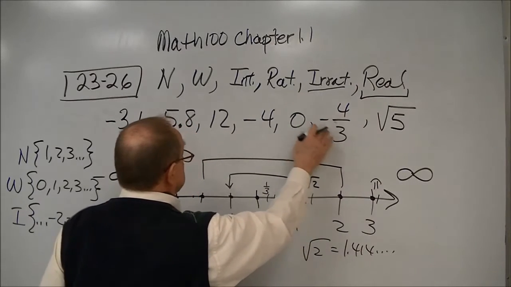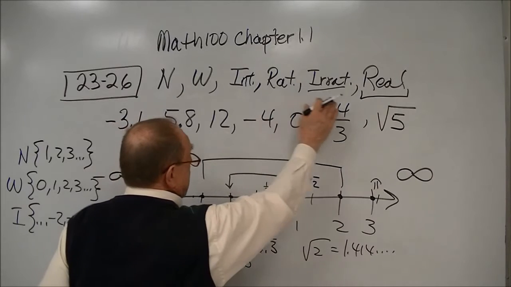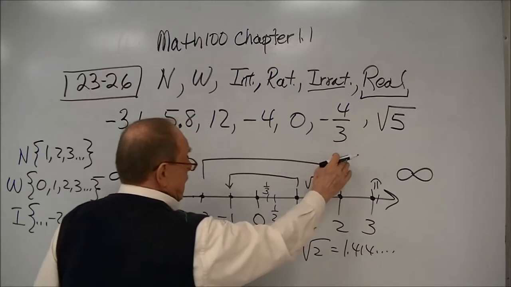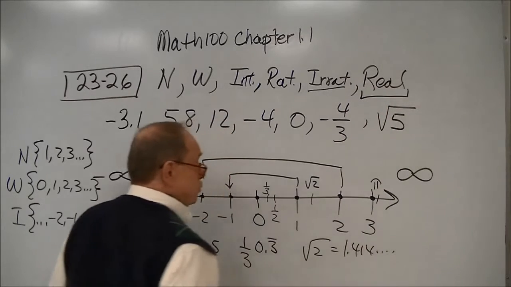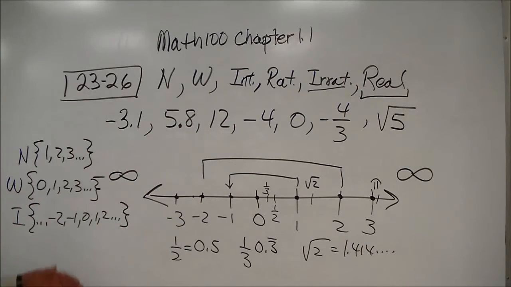And this one is rational and real. And here's the only one that's irrational, but it's also real. So a little summary, hopefully helpful, and something for you to study, and you'll have to, because you want to be able to master these skills and end up with right answers.